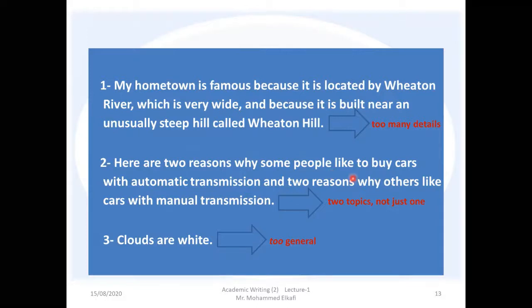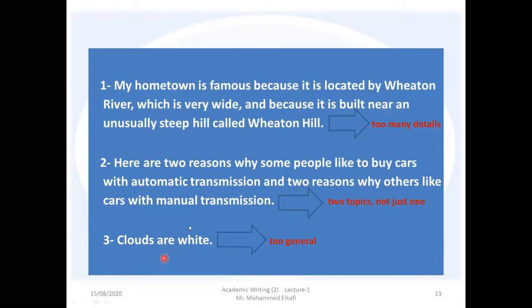This is one main idea, good, no problem. But for the topic, here we have two topics: cars with automatic transmission and cars with manual transmission. In Arabic we even call them automatic or manual.